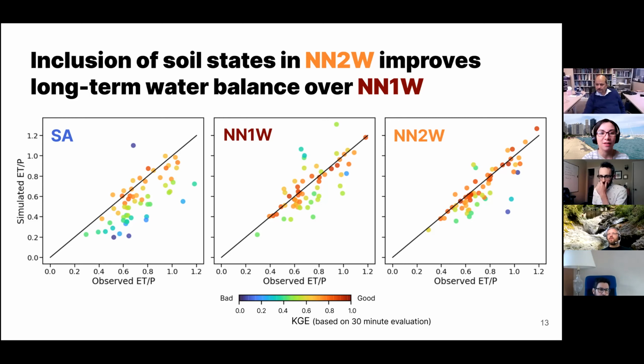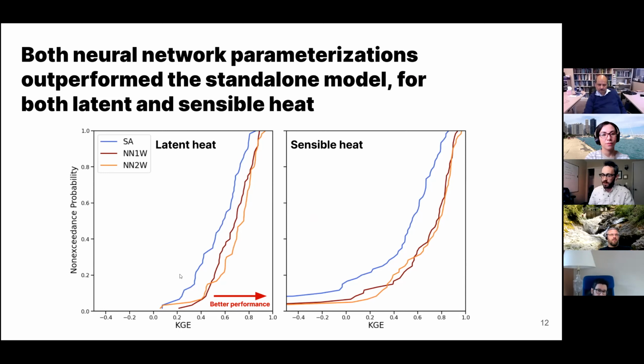If I go back a slide, each dot doesn't necessarily represent the same site between the three curves, if you draw a horizontal bar across this. But on average, they look about 0.2 to 0.3 better for individual sites.